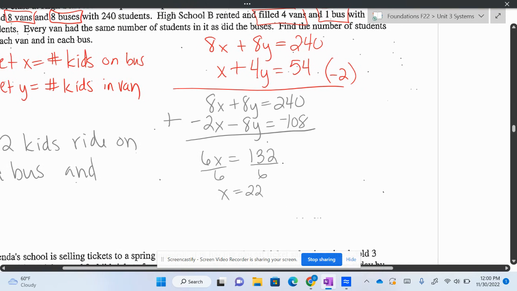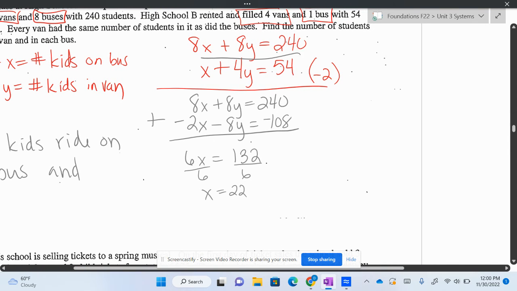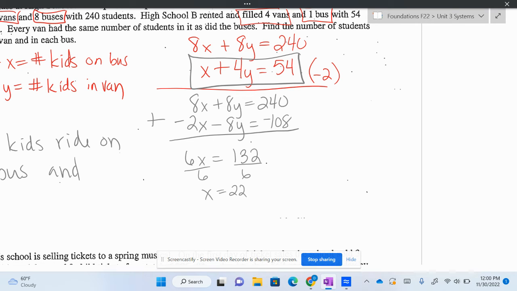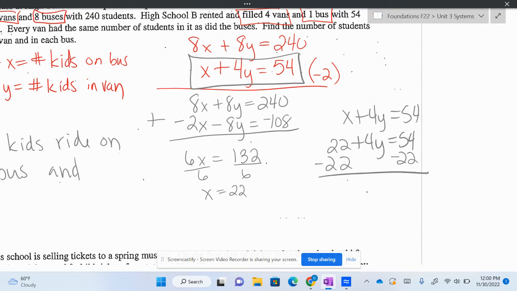How am I going to figure out how many kids ride in a van? I'm going to put it into the second one so I don't have to do any multiplying. So instead of writing x plus 4y equals 54, I'm going to actually say 22 plus 4y equals 54. I'm going to subtract 22 from both sides.